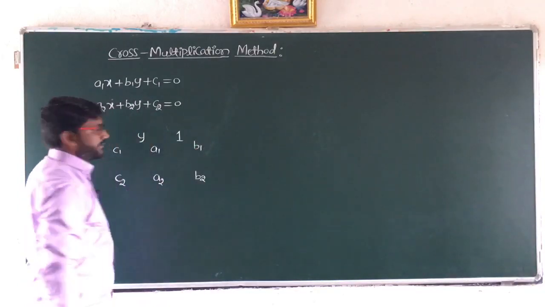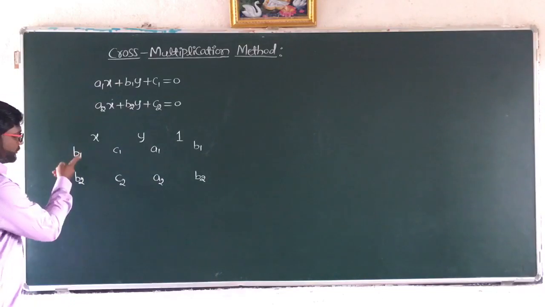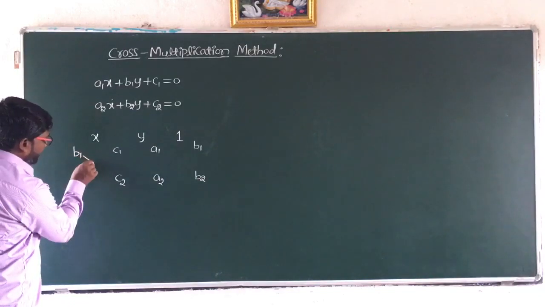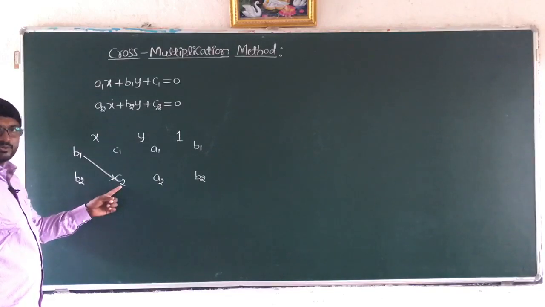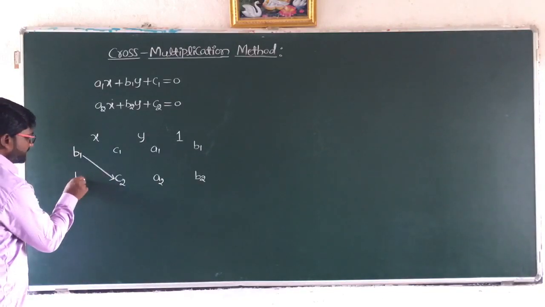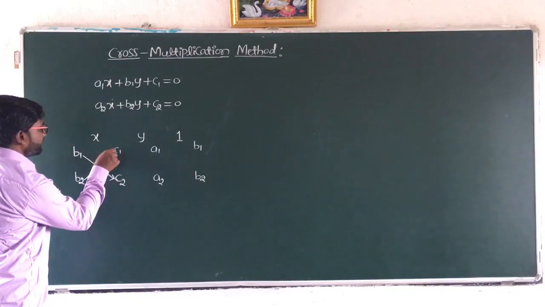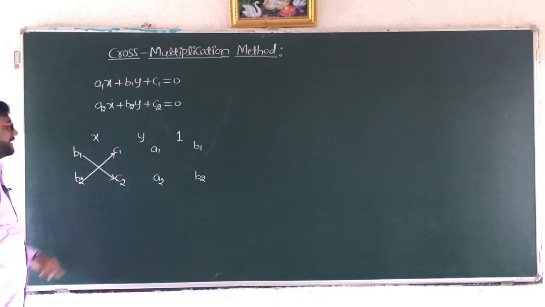Now see here, these two must be multiplied. The arrow indicates b1 will be multiplied with c2 and then minus b2 c1. This is the cross multiplication.